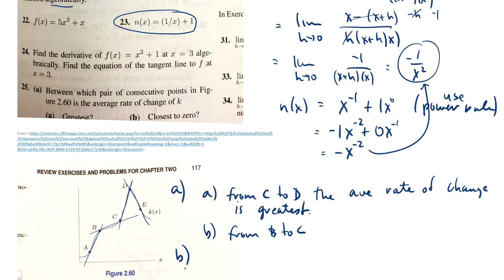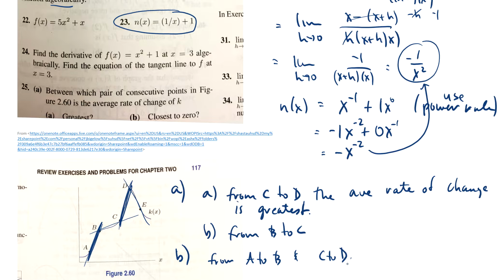It says between which two pairs are the average rates of change the closest? It looks like this one here and this one here are the closest. So from A to B and C to D.